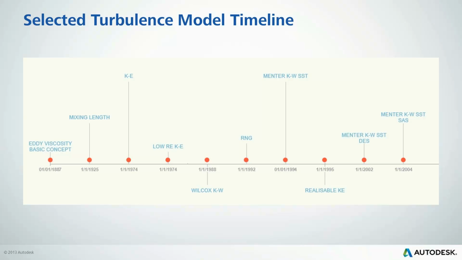In terms of the range here, notice how we're starting in 1887 and progressing all the way to the early 2000s, while K-epsilon is in the mid-70s where it really started to grow. And the later models are really trying to attack the deficiencies that K-epsilon had.